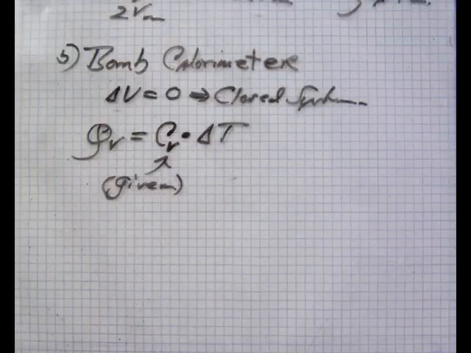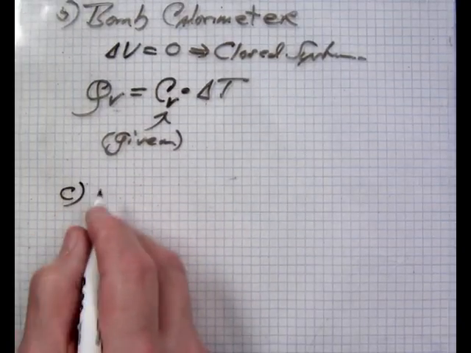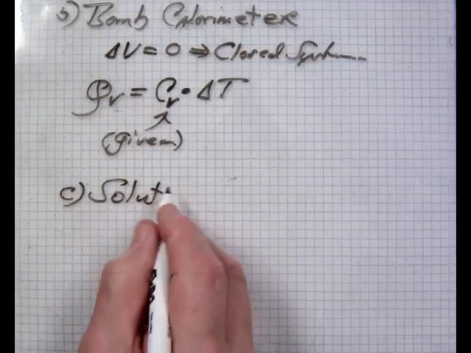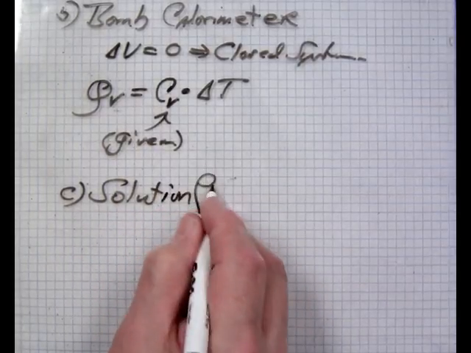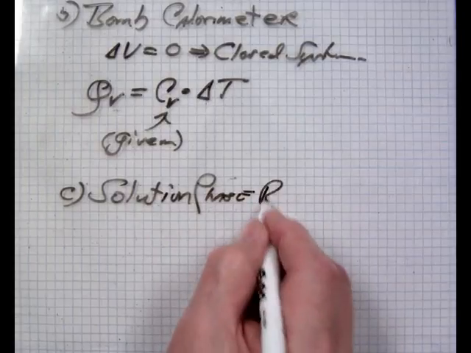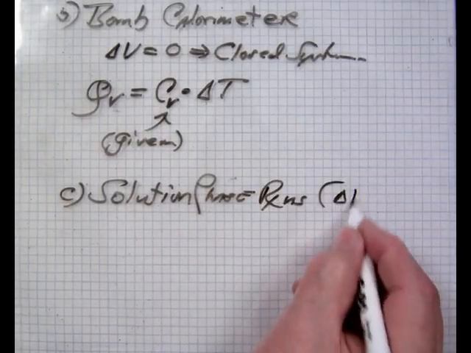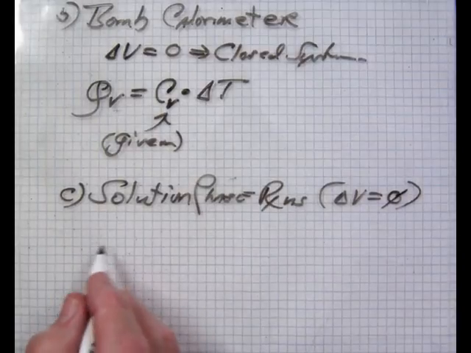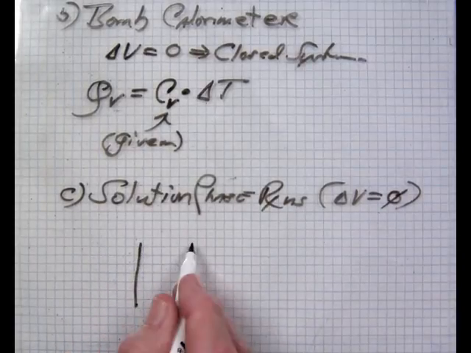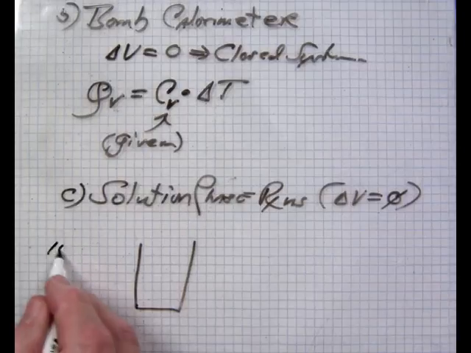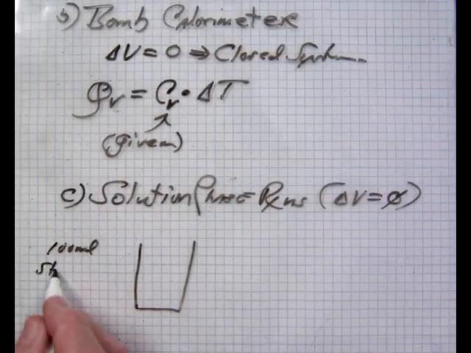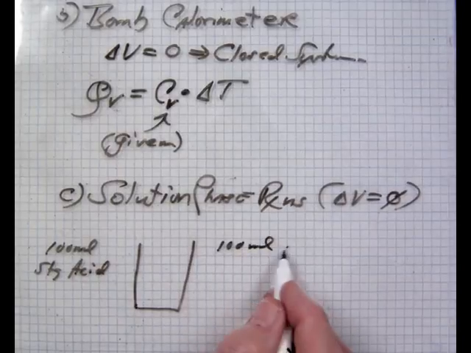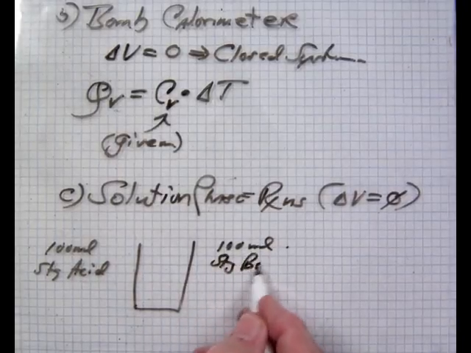And the last one, and I'll let you go, is what we call solution phase reactions. Delta V is considered to be so small that it's zero. It's like you have a solution of acid, 100 milliliters of strong acid, plus 100 milliliters of strong base.